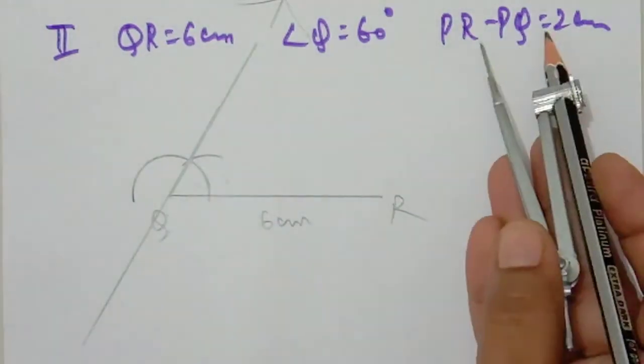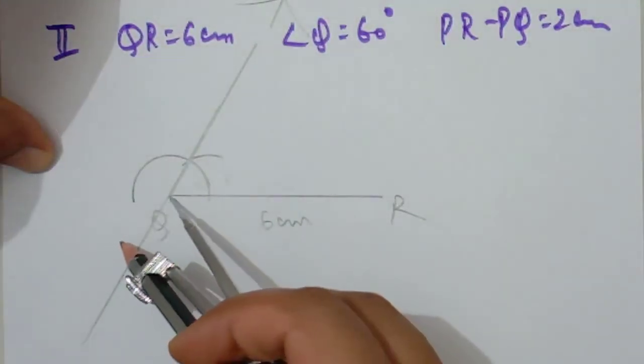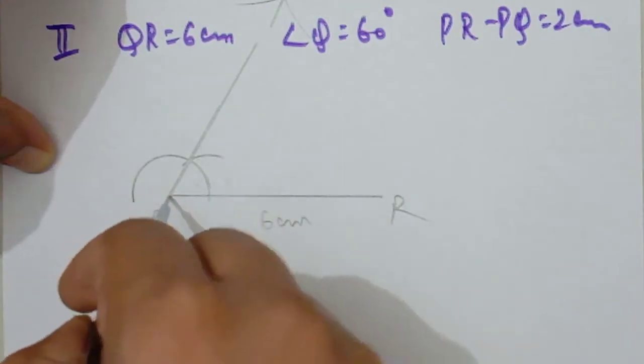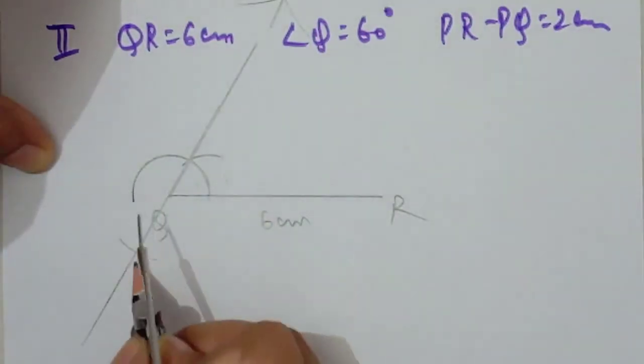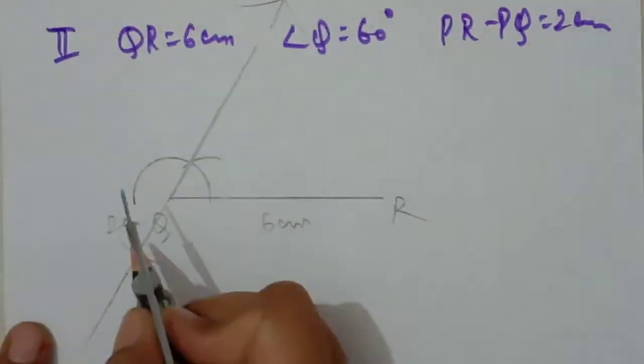Then we will take the difference of the two sides given, and we have to mark the arc of 2 centimeter. So we will open our compass as 2 centimeter and mark the arc here. This is X and this is 2 centimeter.